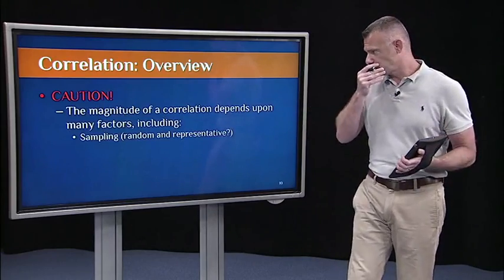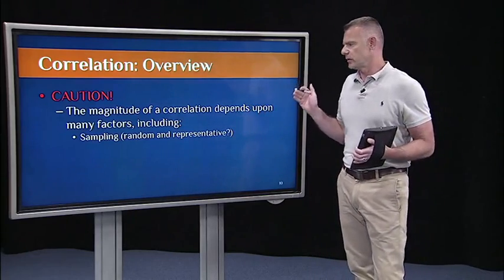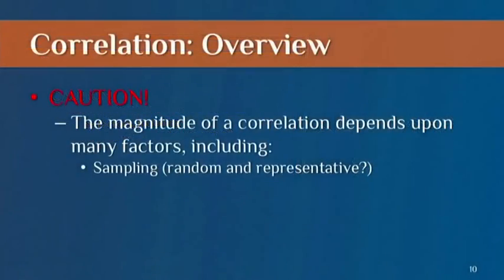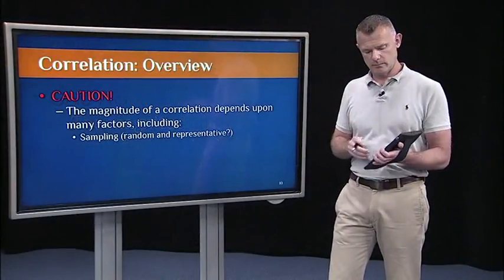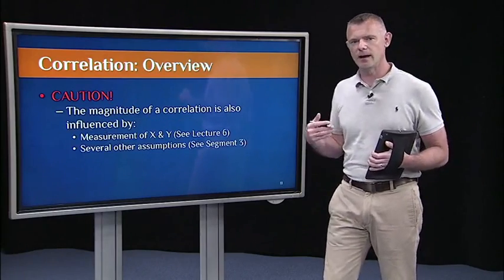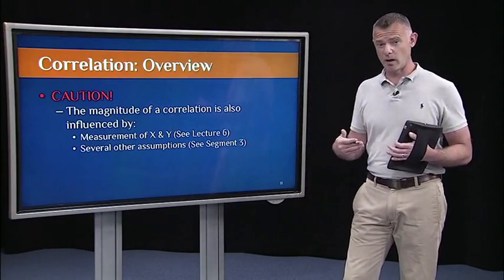More importantly, and this is what I'm going to focus on in lecture 6 primarily, the magnitude of a correlation depends on a lot of factors, including sampling, which we've already talked about, that idea of getting a random and representative sample. It also depends critically on measurement of your variables, so measurement of x and y.